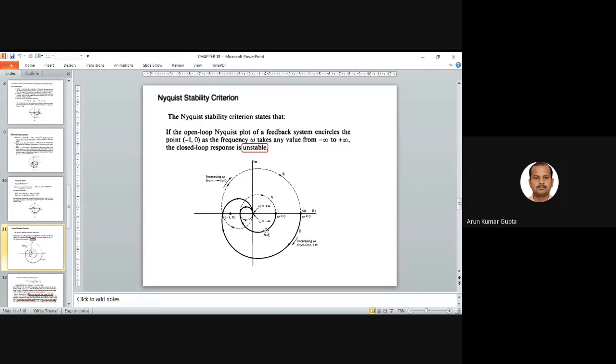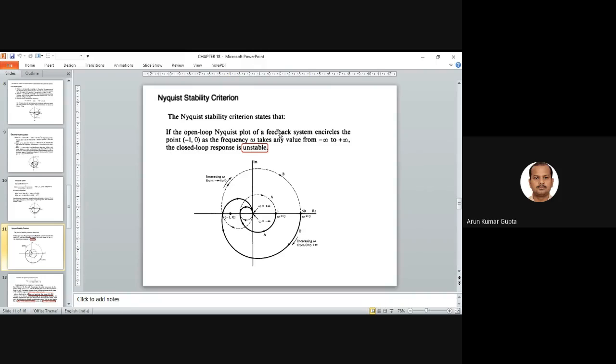We can very easily define the stability of the system or process just by doing some minor analysis. So what is this analysis? If we make a Nyquist plot, this is basically an open loop.